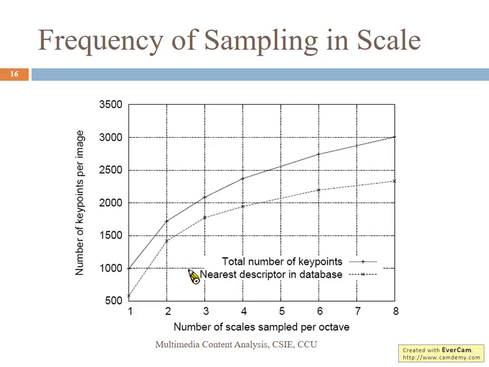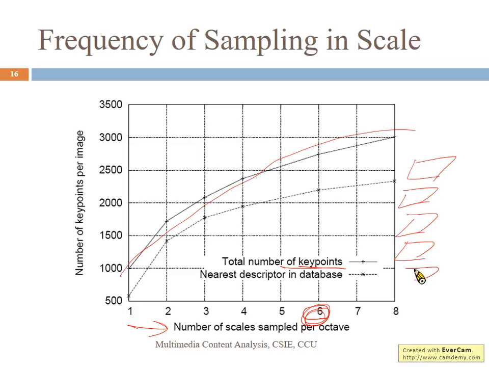And this figure shows the number of key points that can be detected at a match when the number of scales is different. As we said before, as the number of scales increases, the number of detected key points also increases, because when the number of scales is 6, we can compare many of them, like 1, 2, 3, 4, 5, 6.